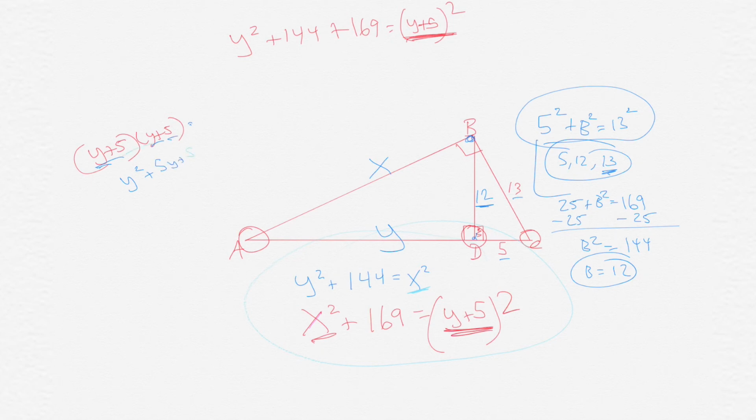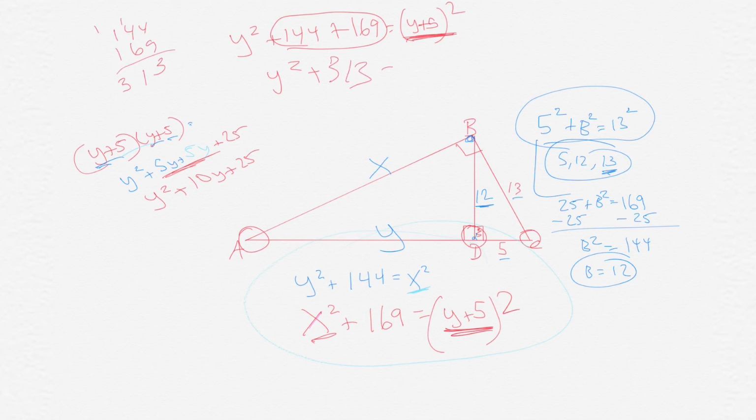The inner is 5Y. And the last is 5 times 5, which is 25. And then 5Y plus 5Y is 10Y. So that equation is going to be Y squared plus 10Y plus 25. So we put that up here. We get Y squared plus, and then 144 plus 169 is 313. So Y squared plus 313 equals Y squared plus 10Y plus 25.